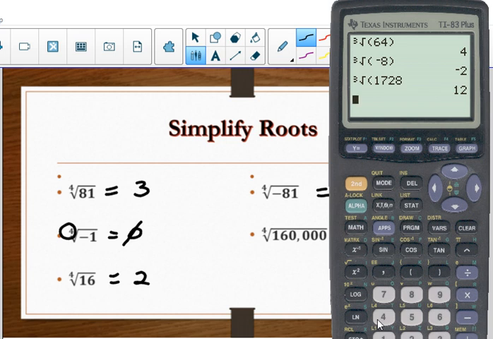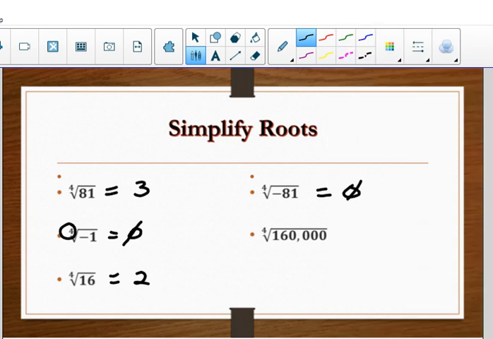Hit the 4, and then hit the math, number 5, and then 160,000. Got an error there. Let's try it without the calculator.